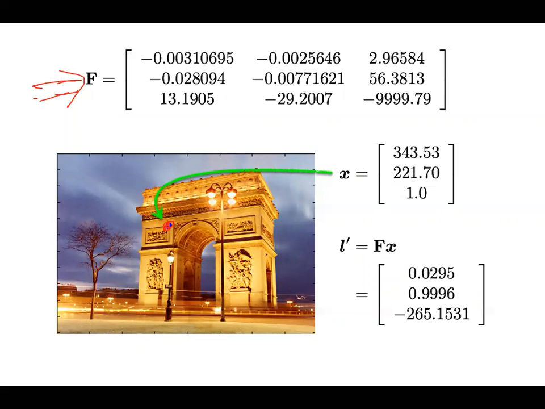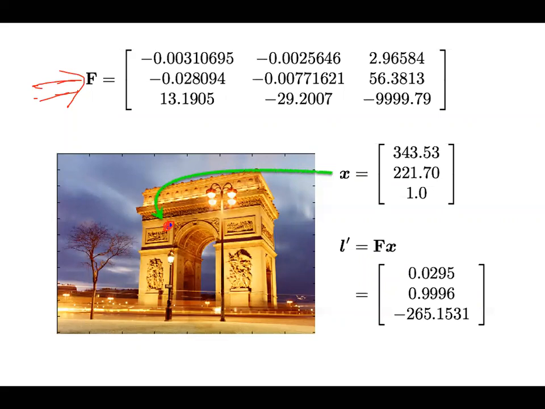We will apply the exact theory that we just derived. You have the point x multiplied by the fundamental matrix, and it will show you the epipolar line. We said that the fundamental matrix relates a point to the epipolar line, correct?